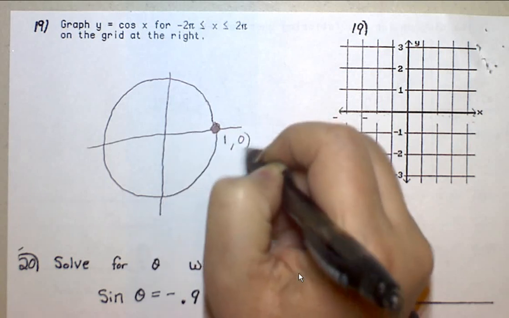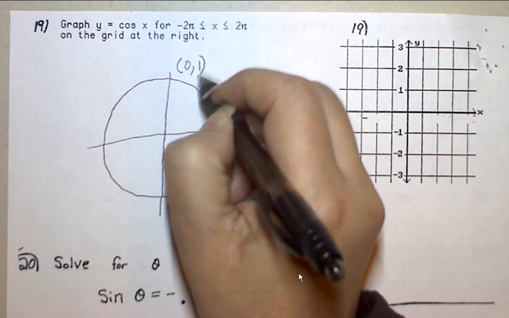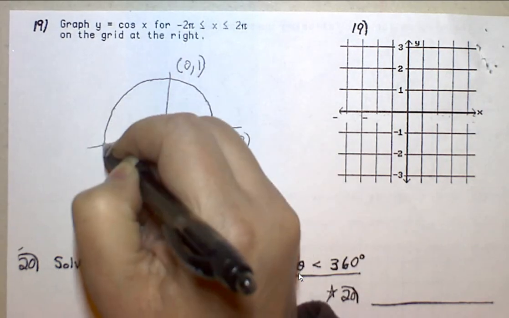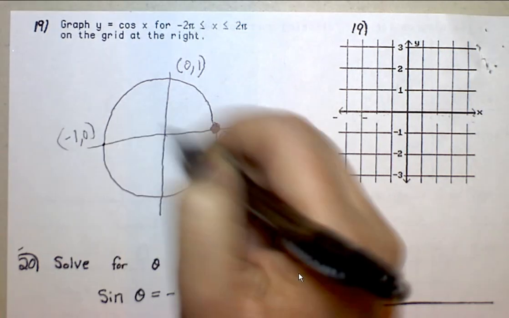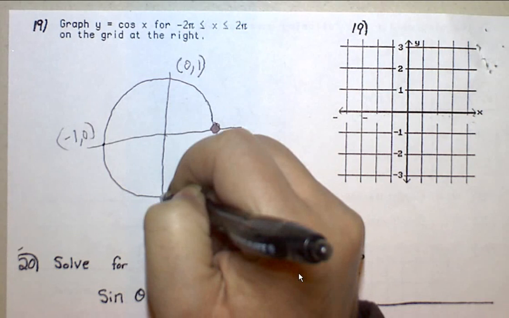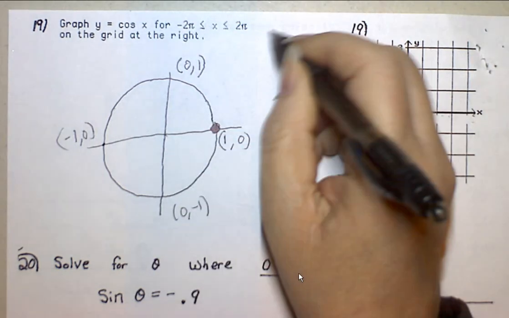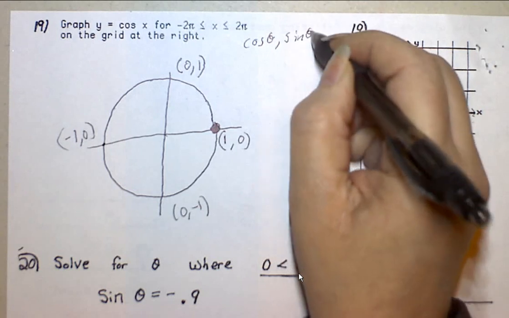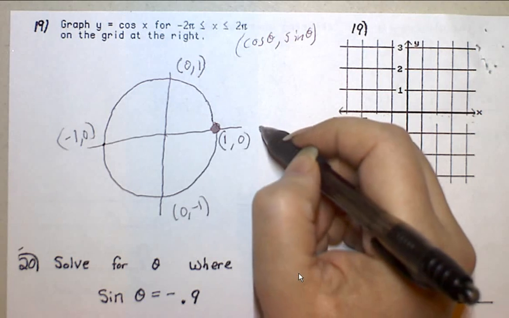This one is 0, 1, this one all the way over here is negative 1, 0, and here is 0, negative 1. I know it's cosine theta and then sine of theta.